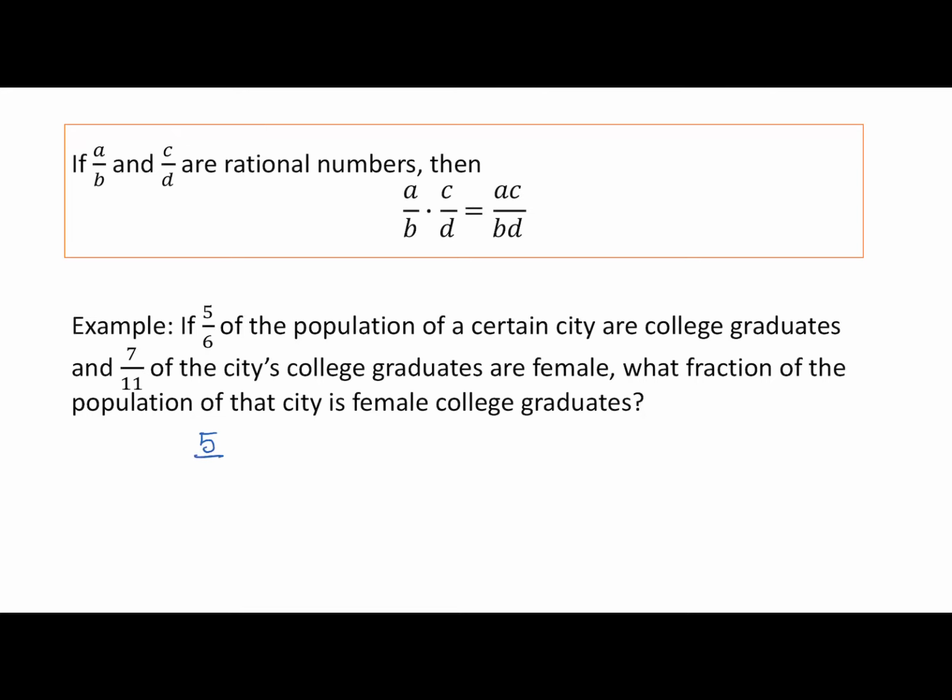Well, 5/6 times the population is college graduates, right? And so if I want to know how many of those are female college graduates, well, I just need to take 7/11 of 5/6 of the population.